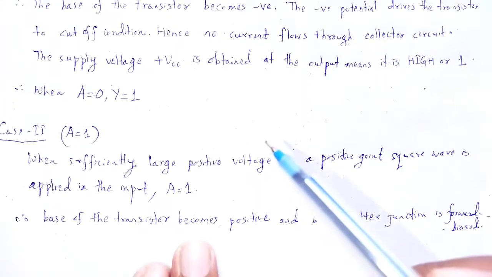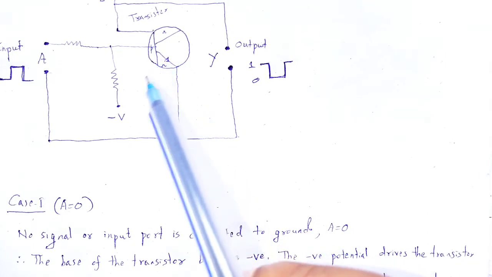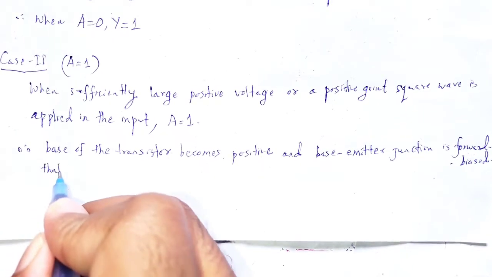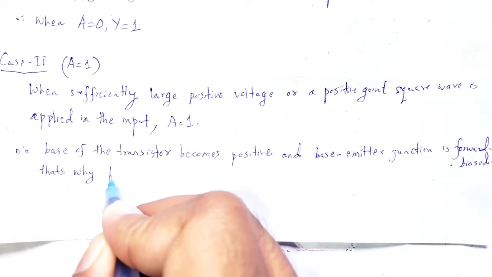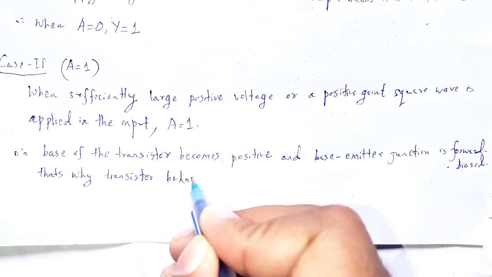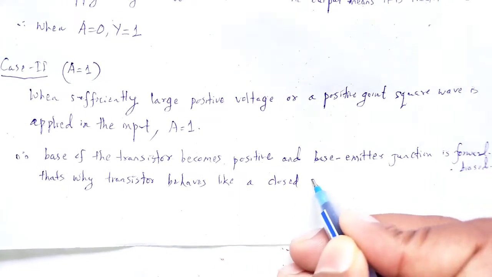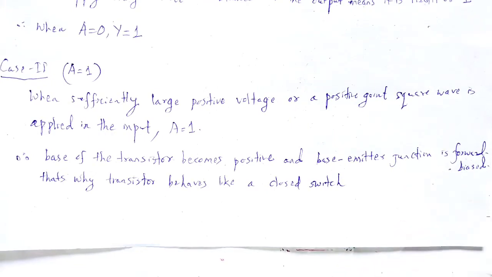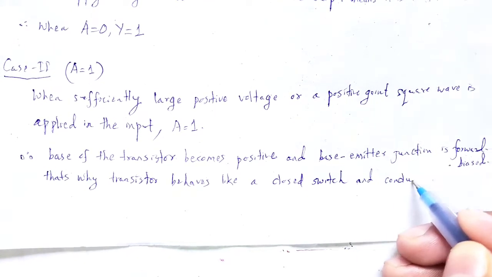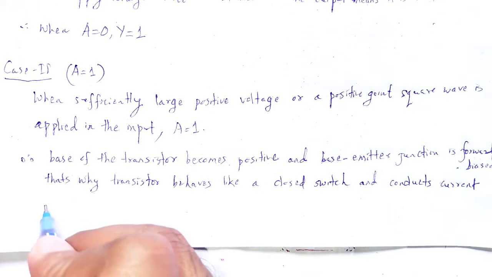Therefore, the transistor behaves like a closed switch and conducts current in the collector circuit.